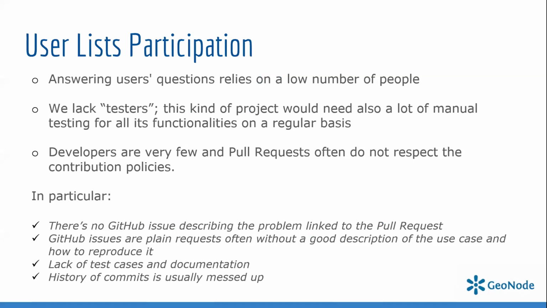Okay, finally, we are almost at the end of the presentation. We have a users list and a development list where we are answering questions. We always need testers and people that help us to identify security issues and provide us ideas on how to improve GeoNode in all the ways possible.